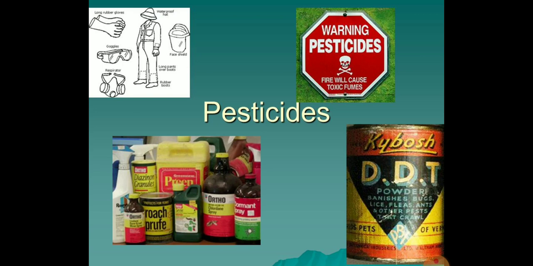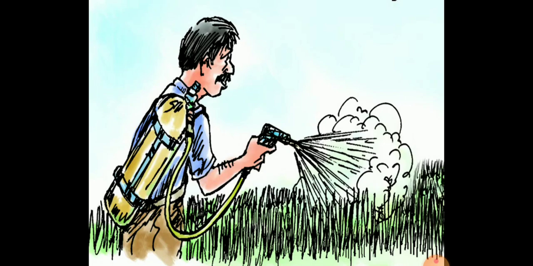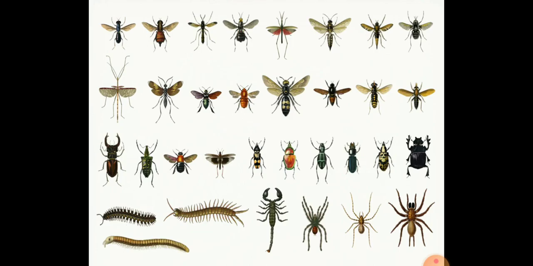Pesticides are poisonous chemicals used to kill pests, but they do not harm the plants. Pesticides sprayed on the plants will kill useful insects as well, like honeybees, butterflies, etc.